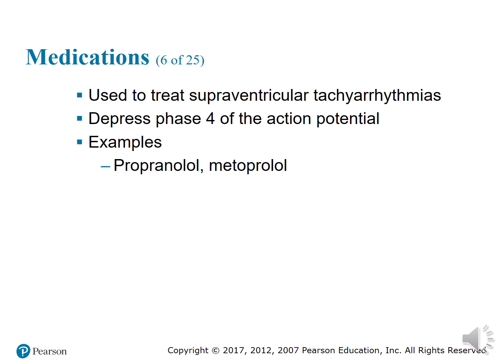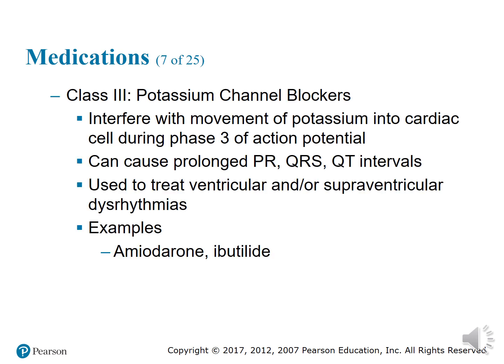It's the resting stage. Beta blockers should be used with caution, especially with patients who have asthma or heart failure, due to the fact that it can be life-threatening because it does slow down the heart rate.